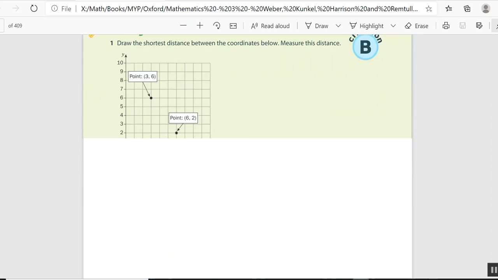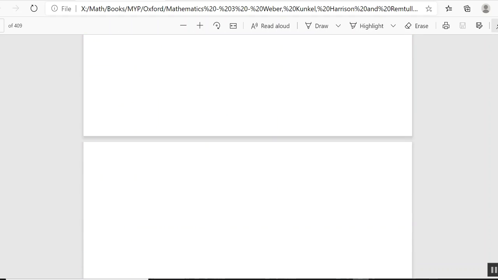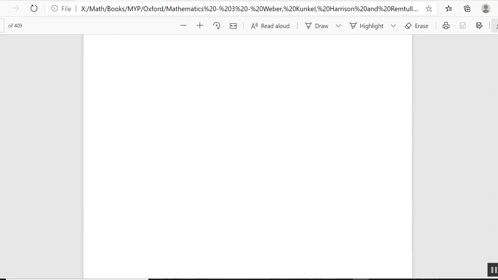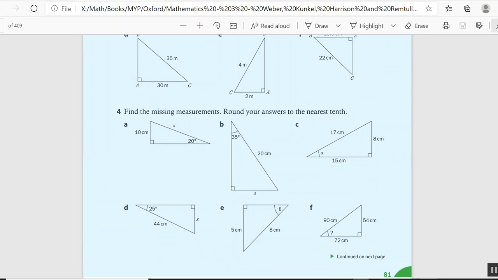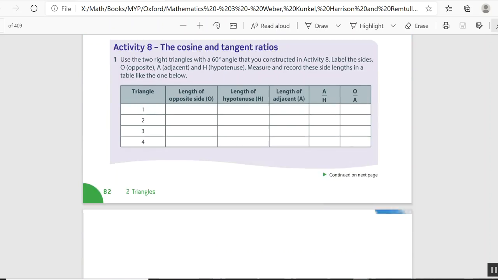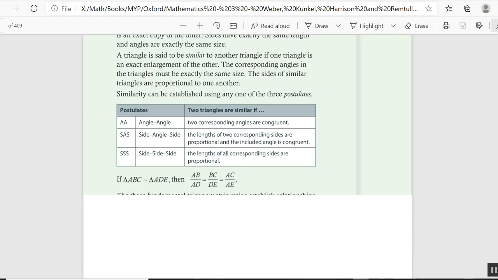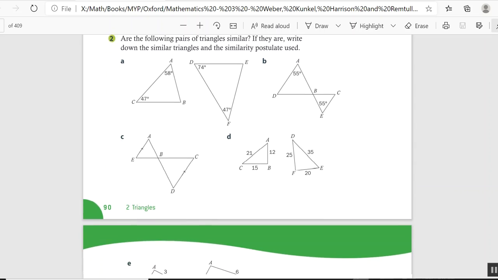We're going to be moving on to this map stuff as well. But what you can do if you wanted to prepare is, in our unit review, you can see where the angle is, this is the trigonometry, this is where we're heading to. At the end there's going to be some triangles and things.